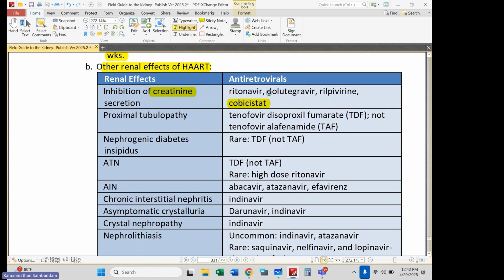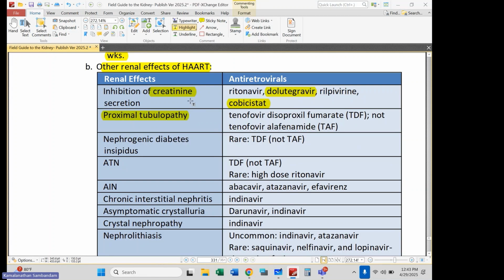There are effects on creatinine secretion by some other elements of HAART therapy. Dolutegravir, you can see in common regimens of HAART, but it's less potent when compared to the effect of cobicistat.